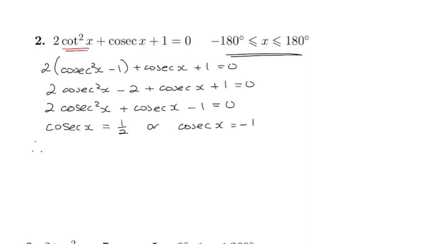Therefore, remember, we then do the reciprocal. So sine x equals 2, or sine x equals negative 1, because the reciprocal of negative 1 is negative 1. Remember that sine x only has values between negative 1 and 1, so this one has no real solutions. So that's why we stop with that one. And of course, you should know without a cast diagram that sine x equals negative 1 when x equals negative 90. And that's the only value within the range that we want.